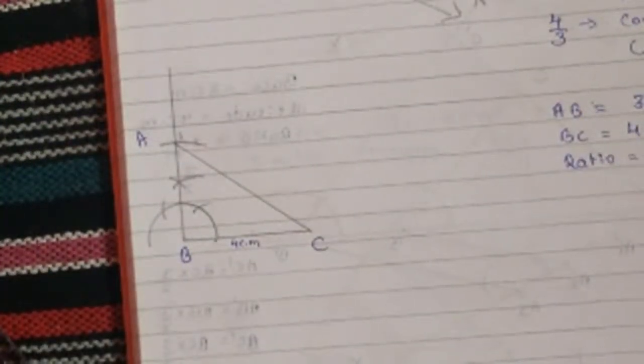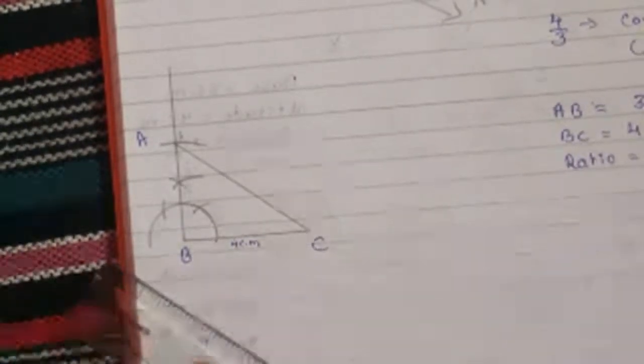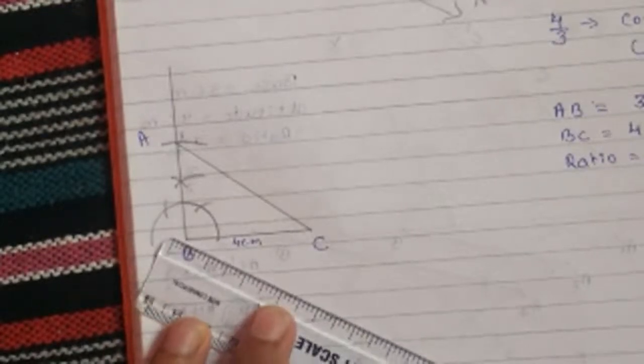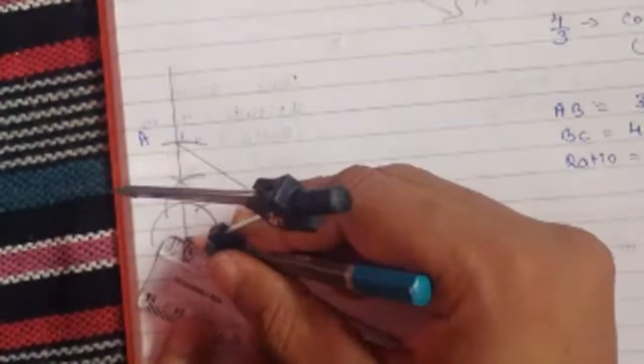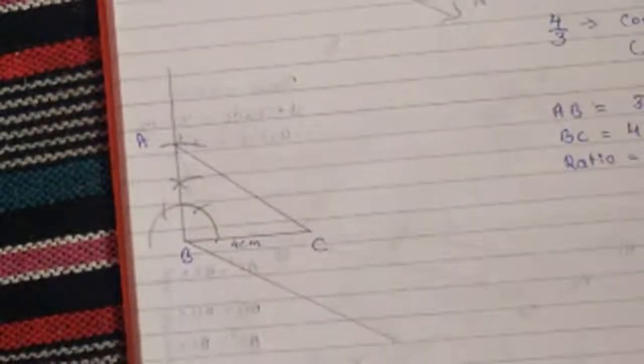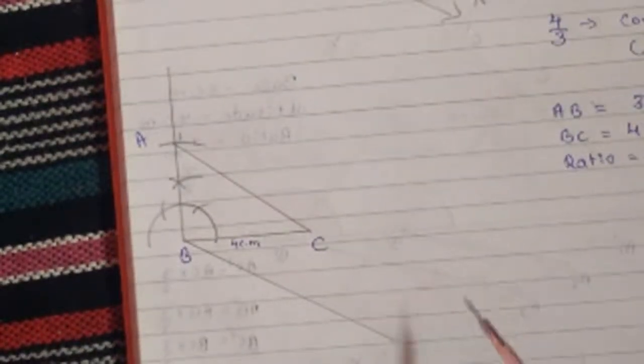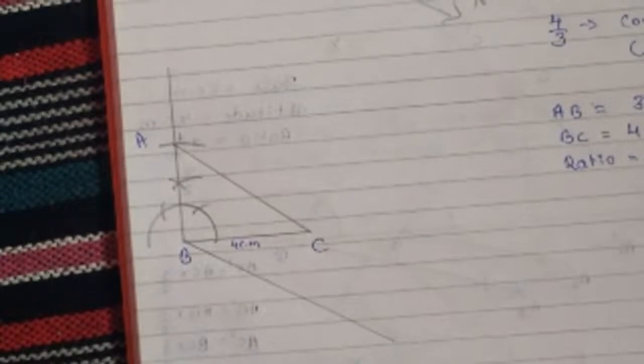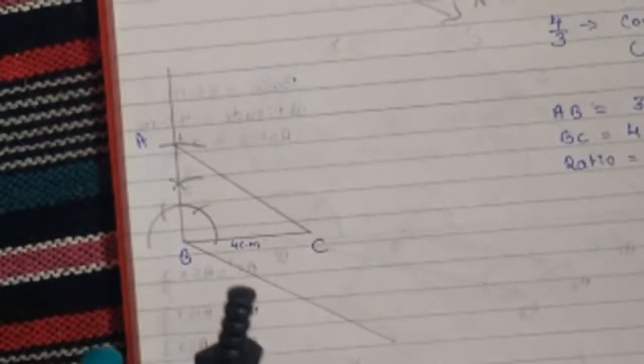Now we have to draw the inclined line. How many points do we have to mark on the inclined line? Comment me. 5 is correct.